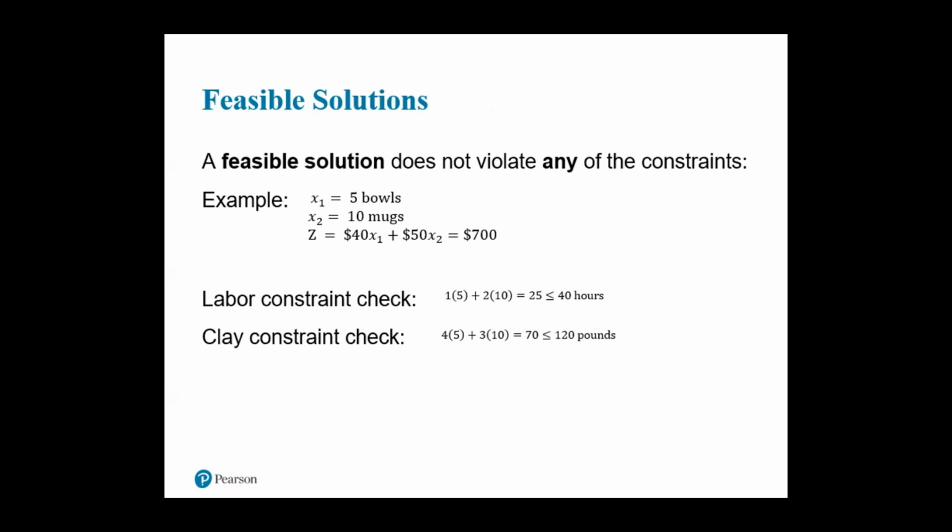Now, we have a term we call a feasible solution, and I alluded to that when he asked me a question. A feasible solution is a solution that does not violate any of the constraints.